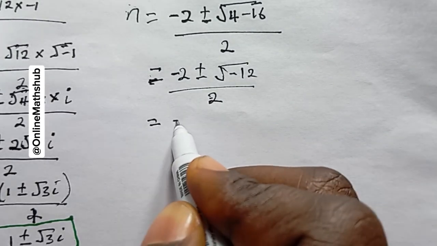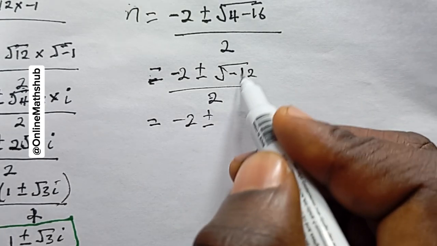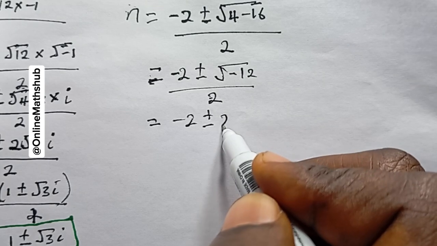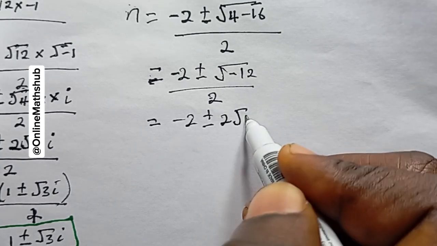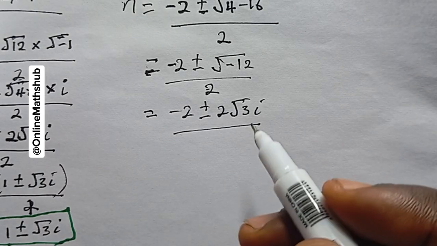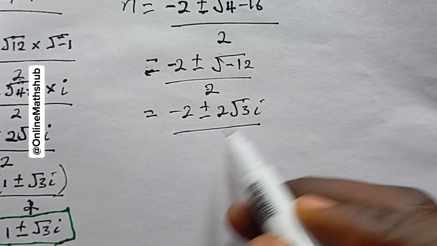And this will be equal to negative 2 plus or minus, we have simplified this in a previous solving, and we got this to be equal to 2 root 3i. You can go through the previous steps and see how we simplify this to 2 root 3i.